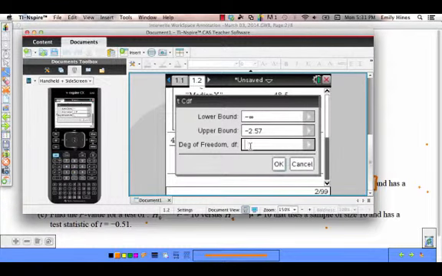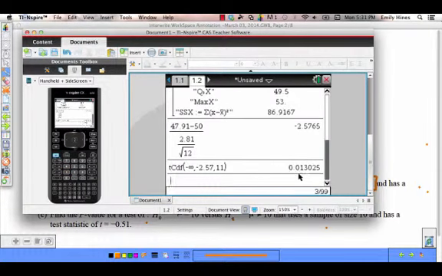And then I put my degrees of freedom in as 11, because my sample size was 12. I hit OK, and it gives me 0.013, which I see is between 0.01 and 0.02. That goes along with what Table B said. So if I wanted a more accurate p-value, then the calculator is a way to do it. But either one or the other should be fine.